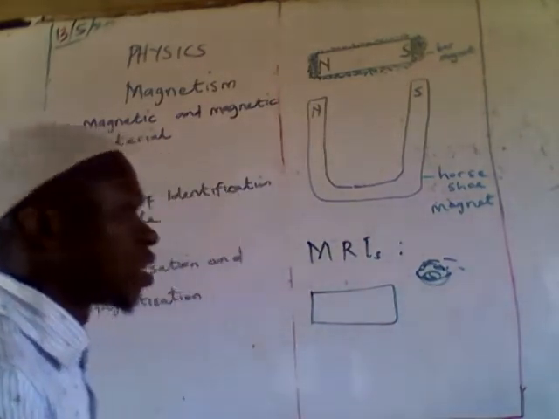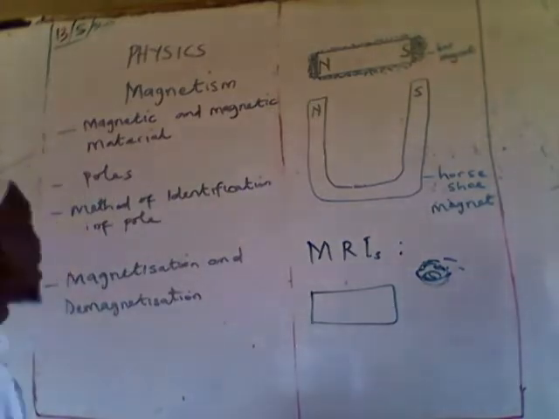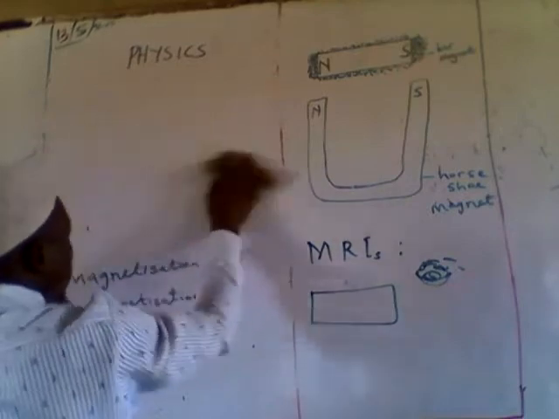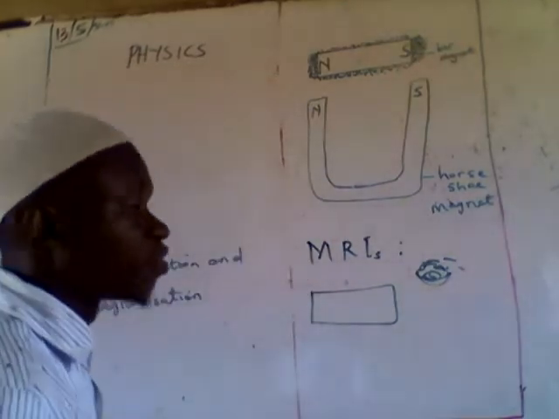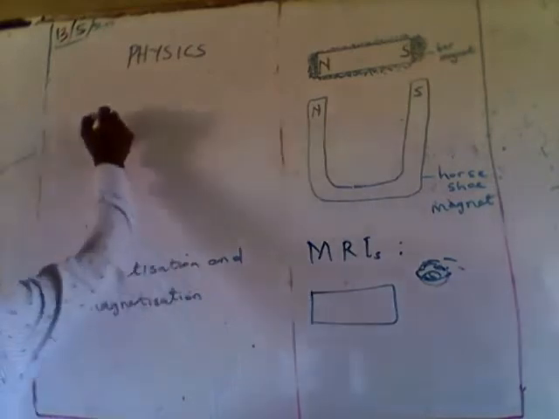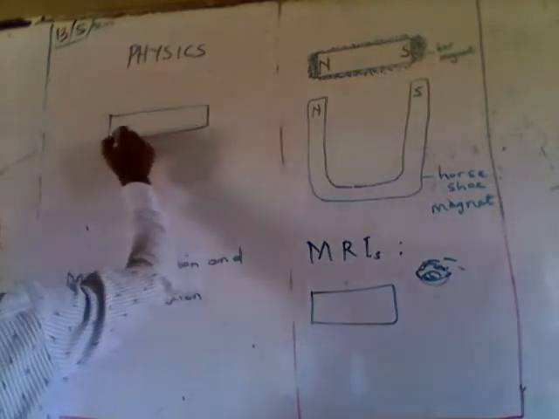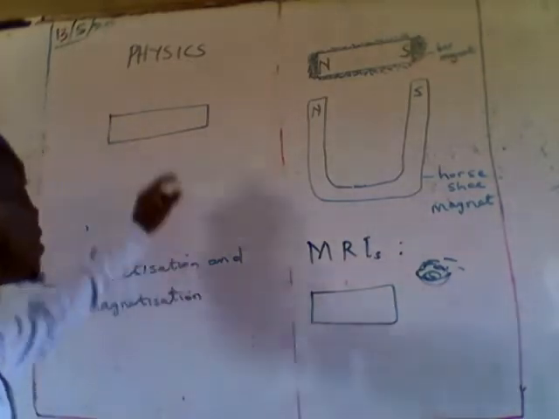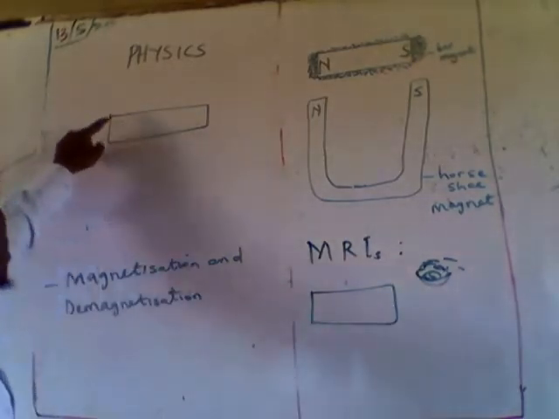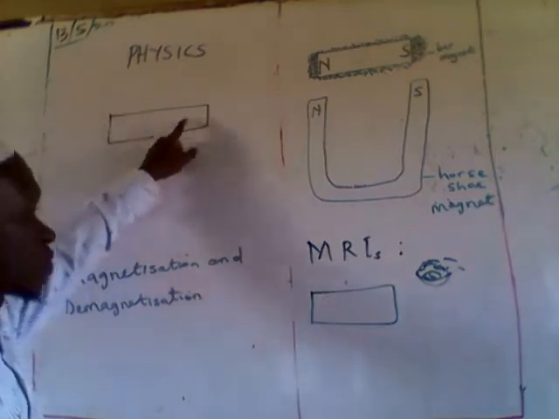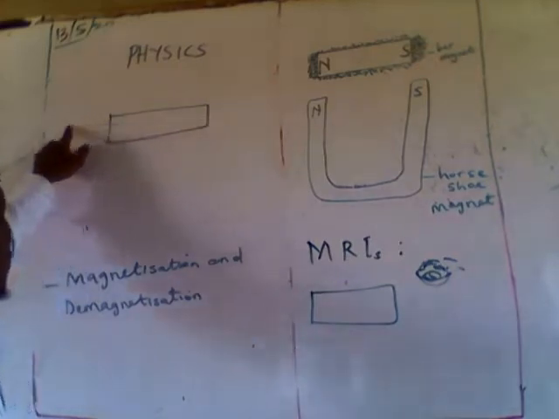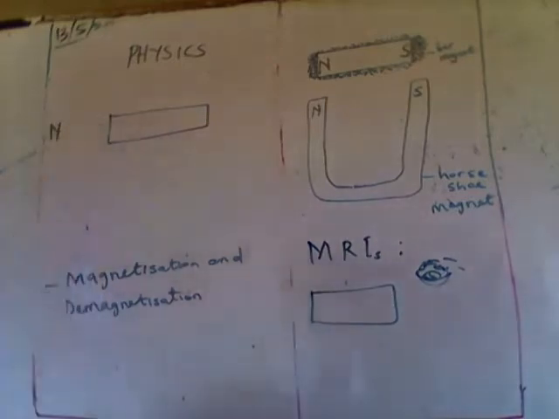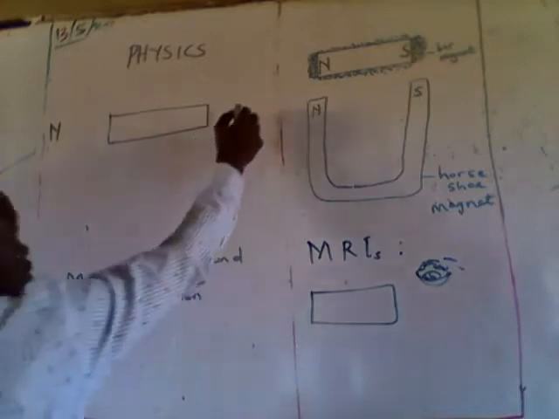Number one is that we can determine the pole of a magnet by means of free suspension. For example, if we freely suspend a bar magnet like this, we then determine the region where this edge points to. If this is our geographical north pole, then definitely this will be your south pole.